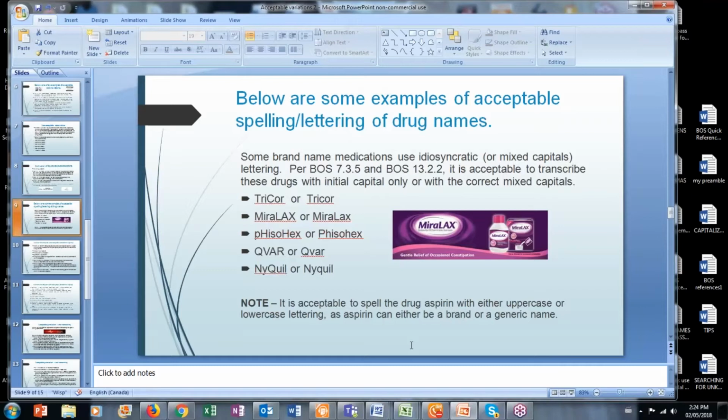Ellen, you mentioned tall man lettering. Do we type the drug product or the recommended version? It's either way, whichever way you want. Exactly.